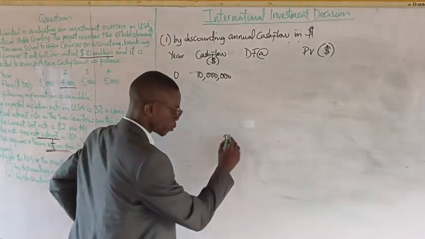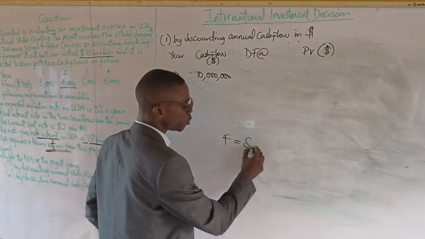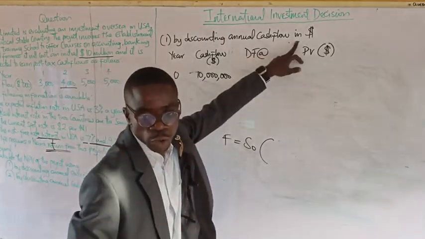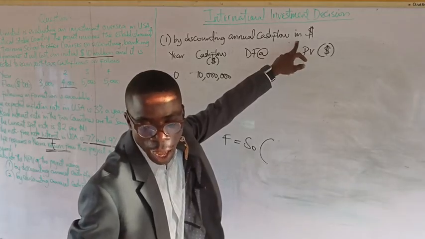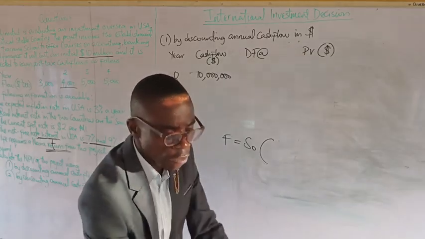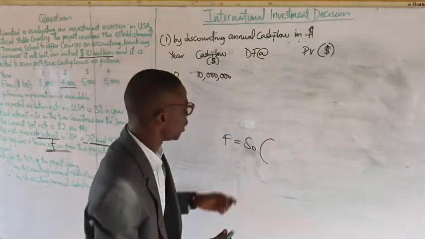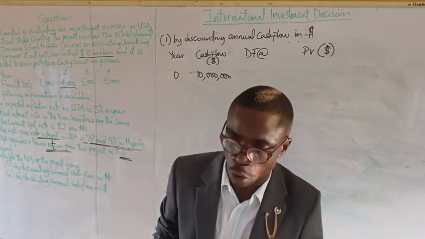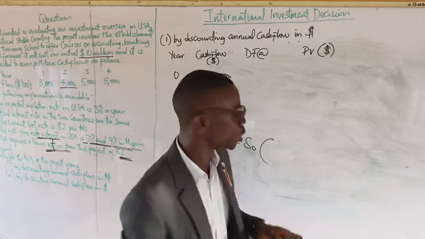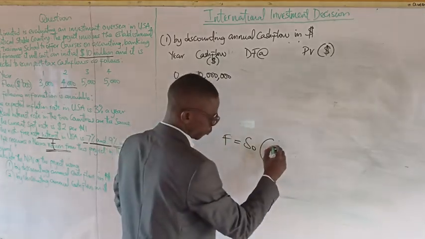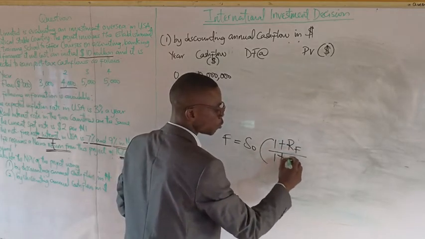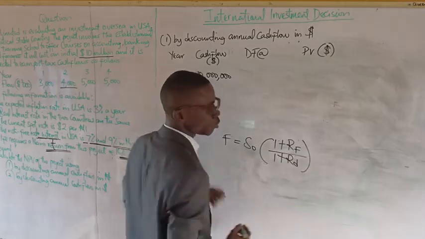And what's the formula? F equals spot rate now times... Now don't forget that we are calculating the cash flow in dollars, right? Am I communicating? Yes. So if you are calculating the cash flow in dollars, that means you use the indirect quote method. What did I say? The indirect quote method for interest rate parity theory. So what's the indirect? It will be 1 plus RF over 1 plus RD.